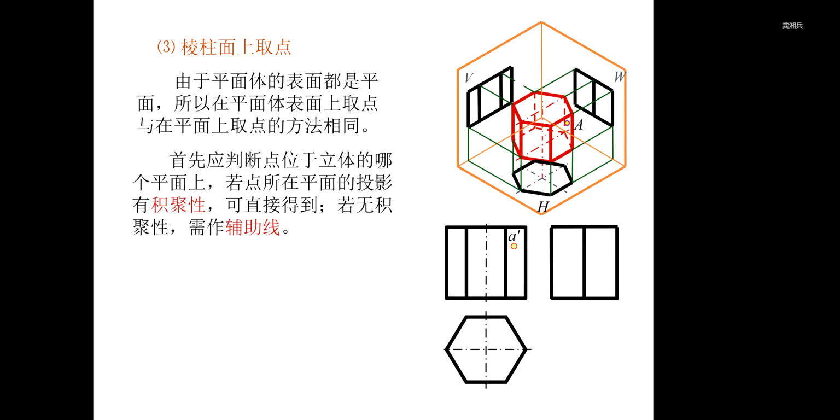We just put the point on the outer surface, not inside the solid. Because of this limit, you can get the point position very quickly. From only one projection you can get the position, because we know this one is on the surface. So that's the special position.